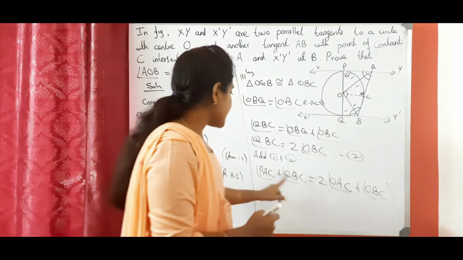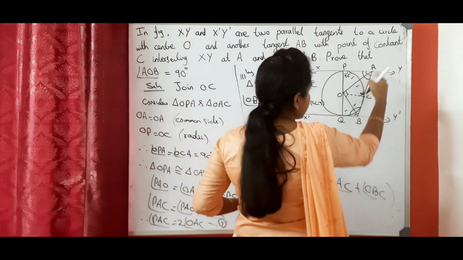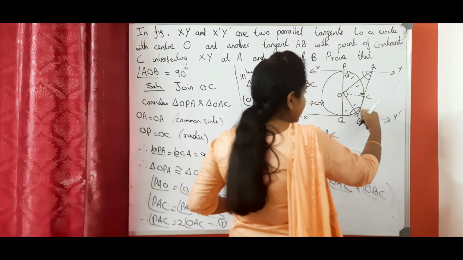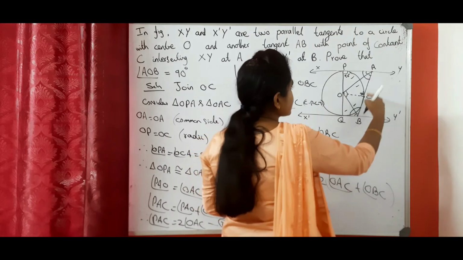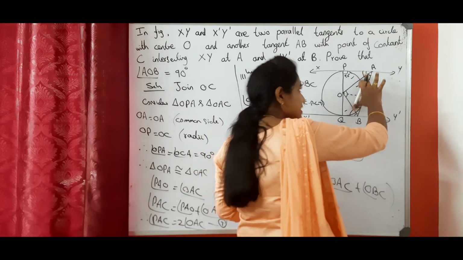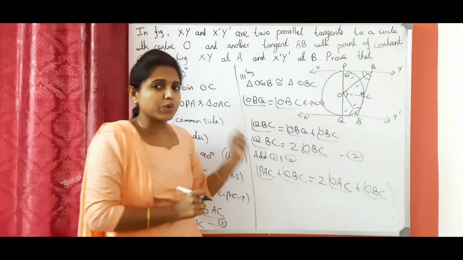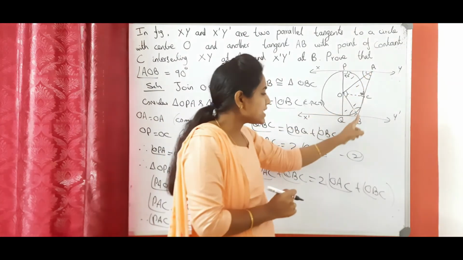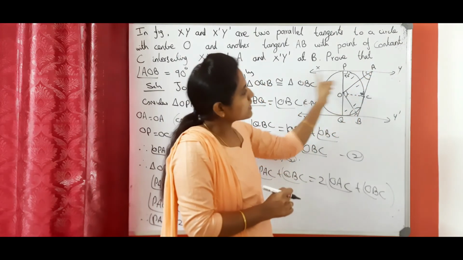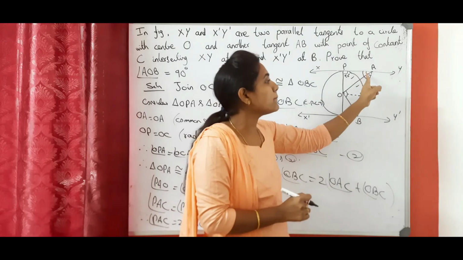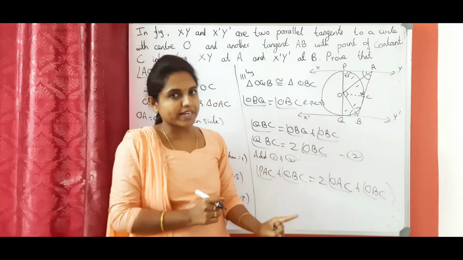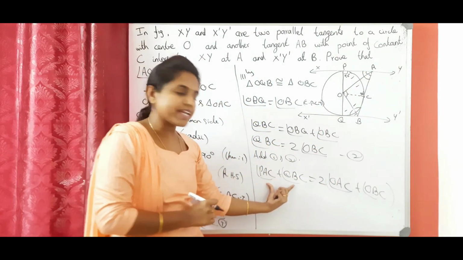What are the interior angles? PAC, this is the interior angle, and also QBC. These two are the interior angles. We know that a transversal cut by parallel lines, then the sum of the interior angles is 180.